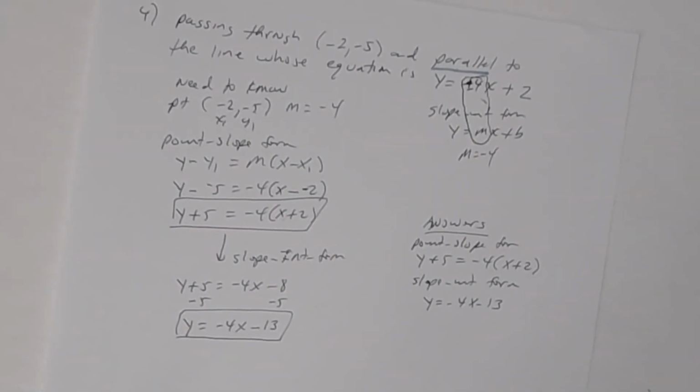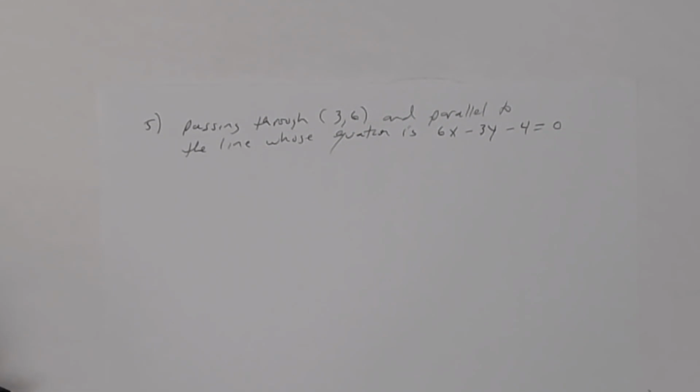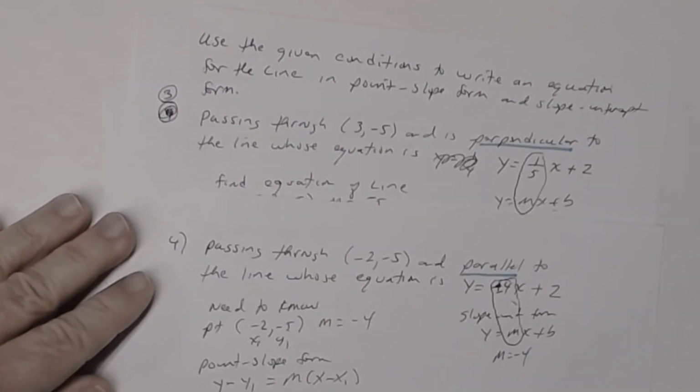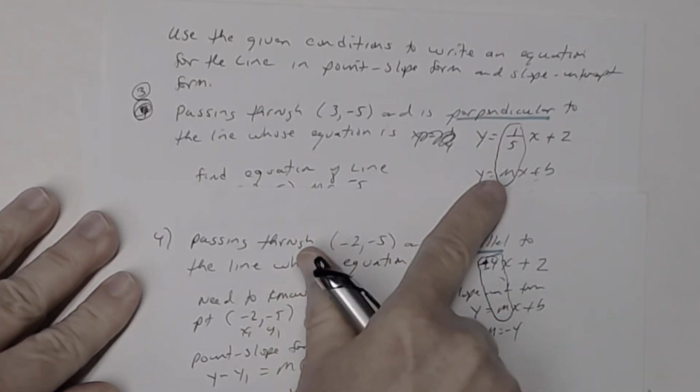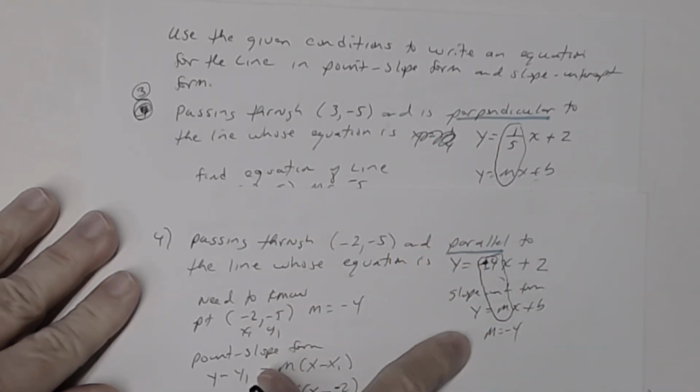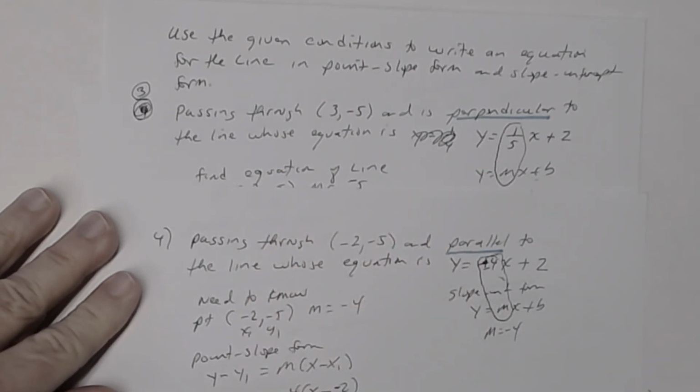Okay, so number 5, this time we have a different situation. So first of all, remember in 4 and 3 right here, notice that both of those equations were already in slope-intercept form, right? So you could easily determine the slope because y was already by itself.